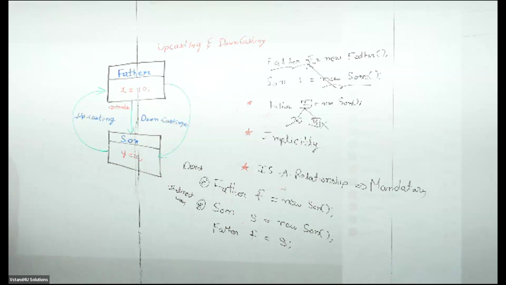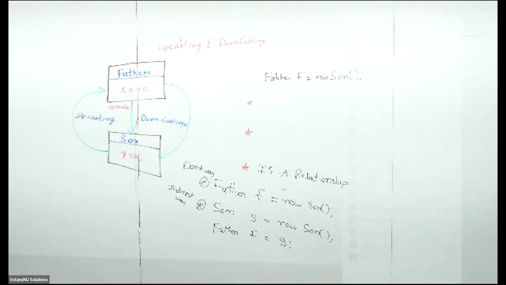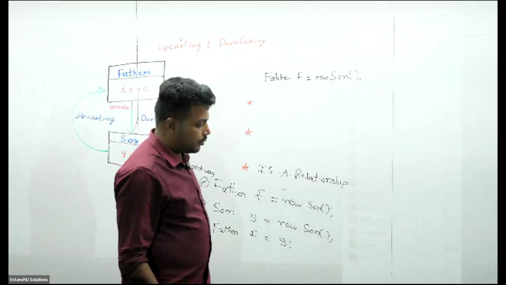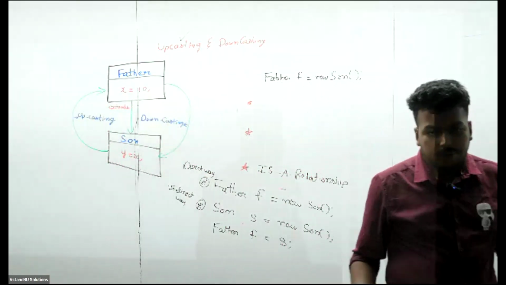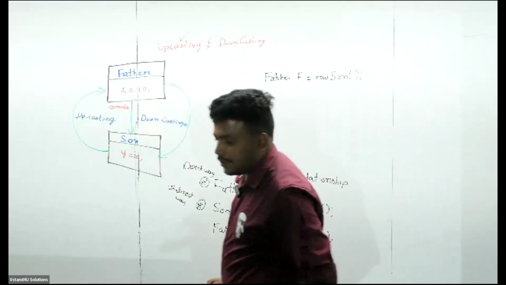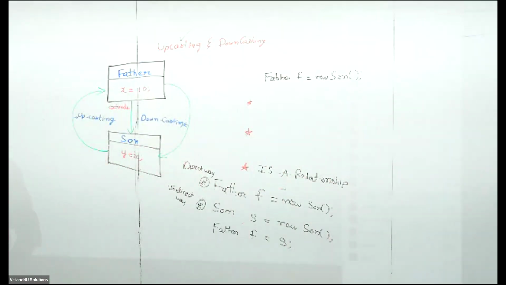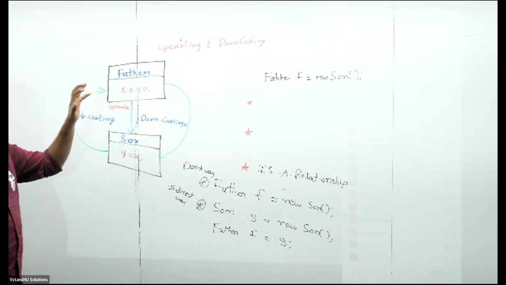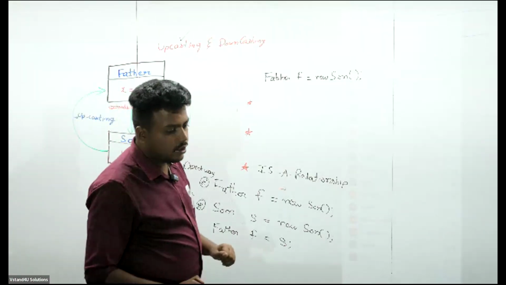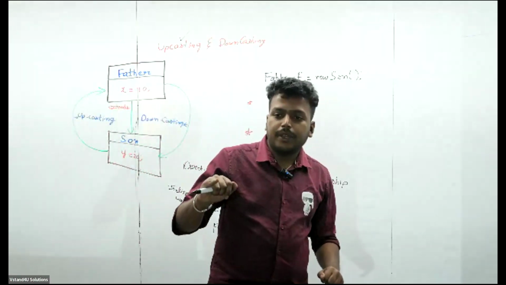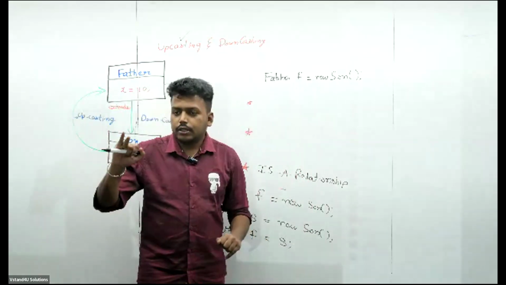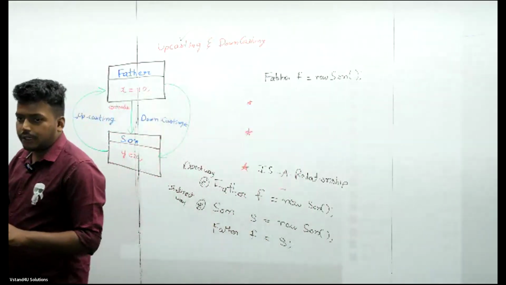Any doubts for online? Listen here. We are done with upcasting, no? Upcasting is one of the types of non-primitive typecasting. Upcasting is done implicitly, and the relationship is mandatory.